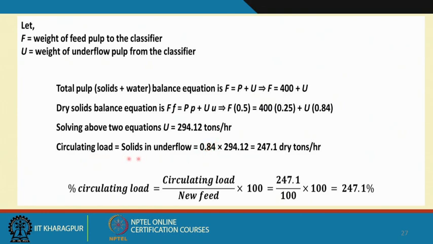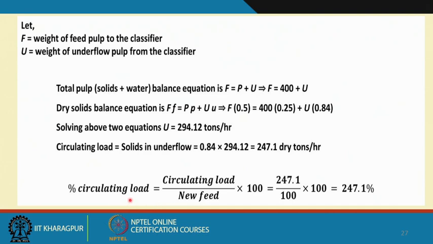So the circulating load, that is the total slurry, water plus solid, will be 0.84 into 294.12. That is 247.1 dry tons per hour of solids in the underflow.